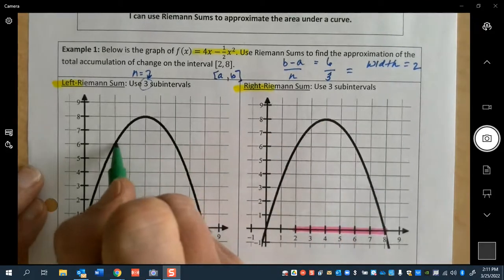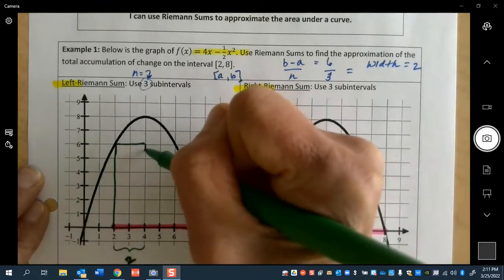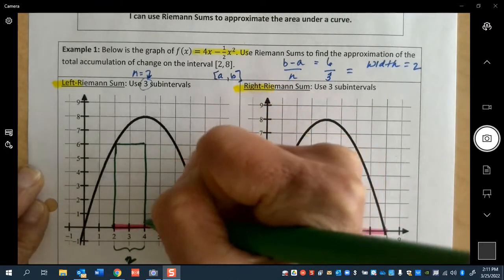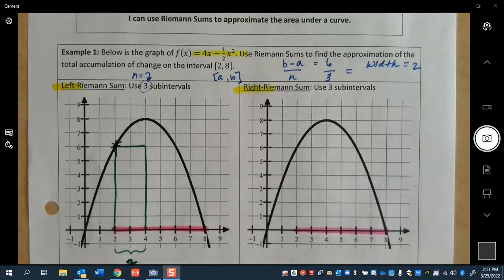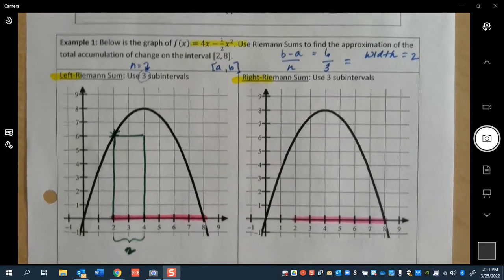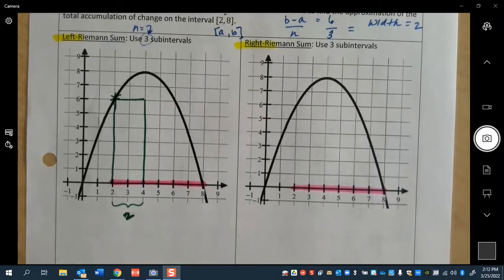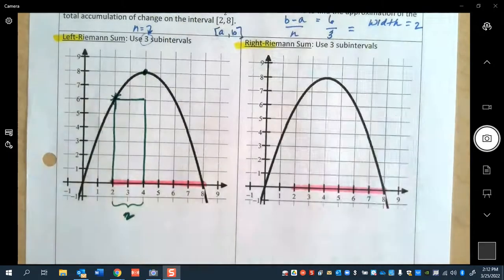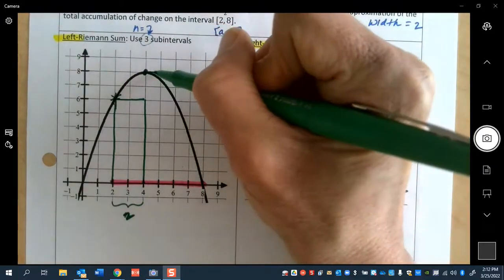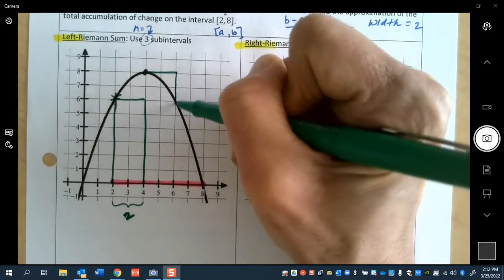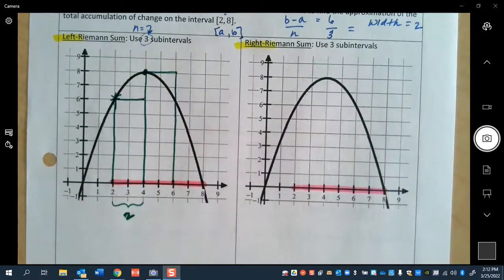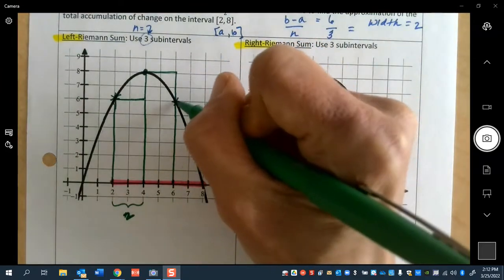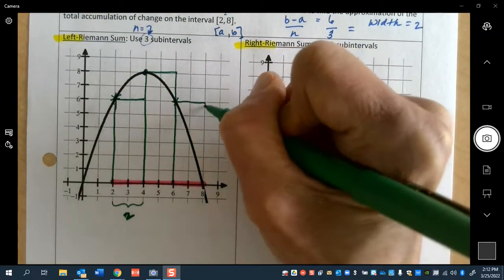Then I have to draw a rectangle, and I'm stuck with drawing that rectangle wherever it hits the curve on the left. My next place where it hits the curve is here. So my next rectangle is going to exist here. And my next rectangle hits the curve here.